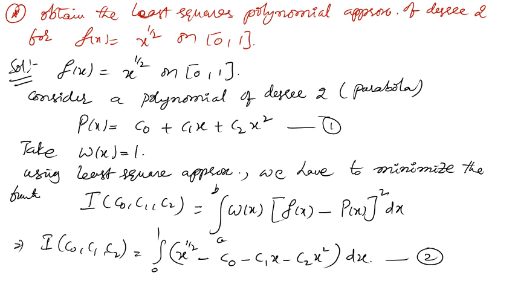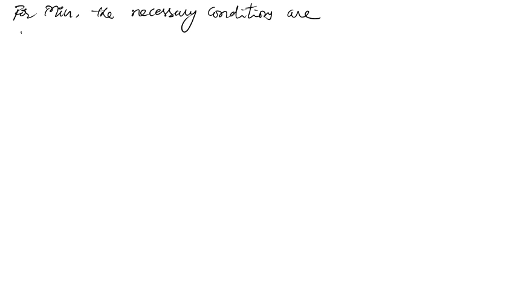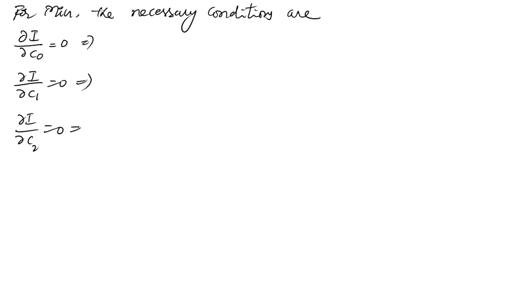This is equation 2. For minimum, you know the necessary conditions are: first, dou I by dou c0 equal to 0; second, dou I by dou c1 equal to 0; third, dou I by dou c2 equal to 0.